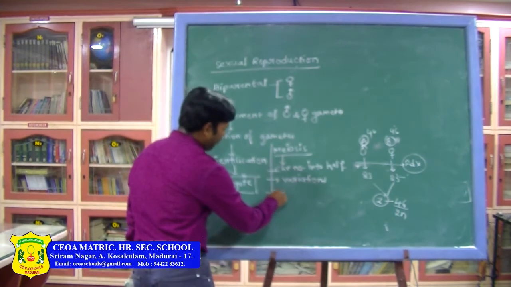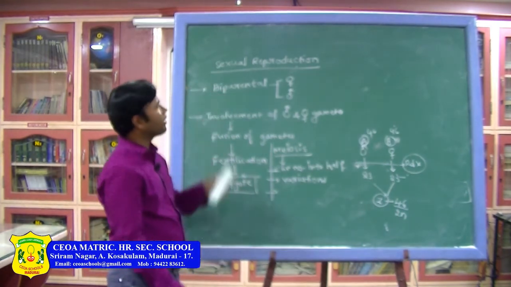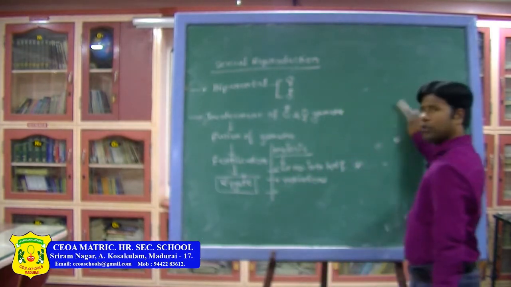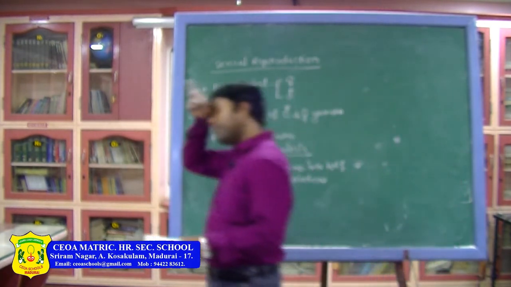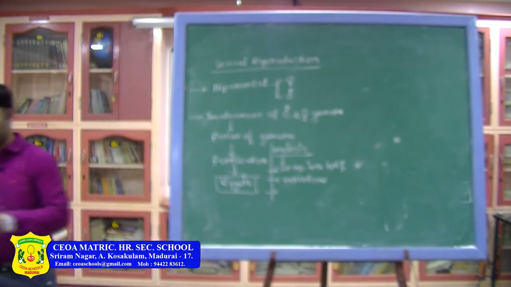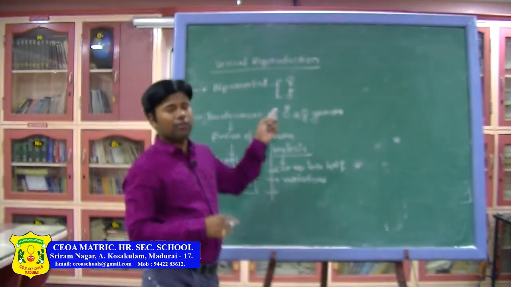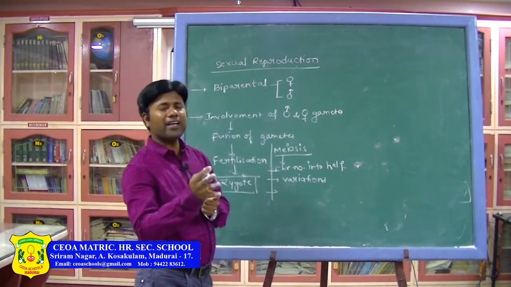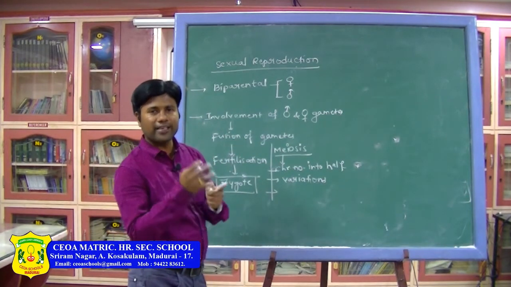Through sexual reproduction, the number of organisms produced compared to the asexual mode of reproduction is less.